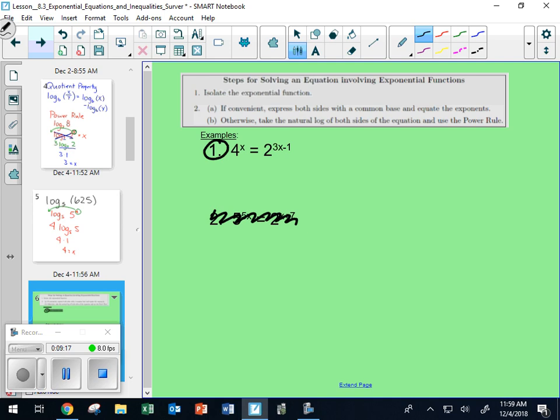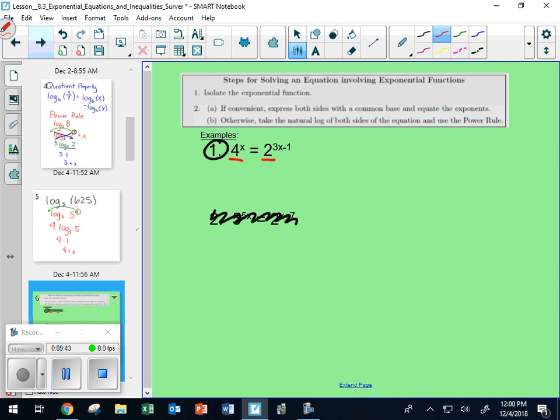If we look at this first one here, if you think back to exponent rules, what needs to be true about our bases in order for us to use exponent rules? Our bases do need to be the same. So we have a 4 here and a 2 here.